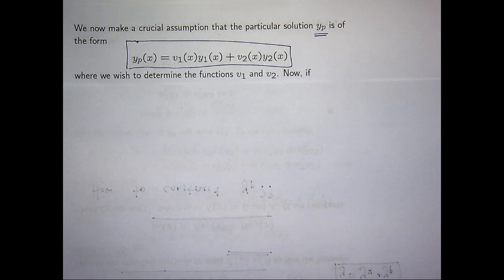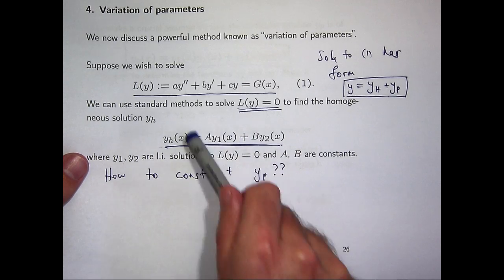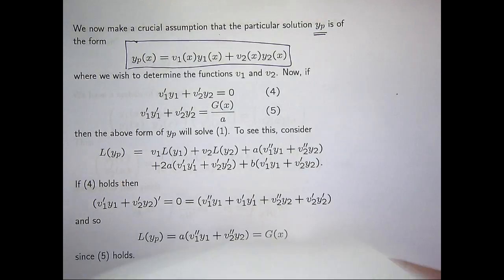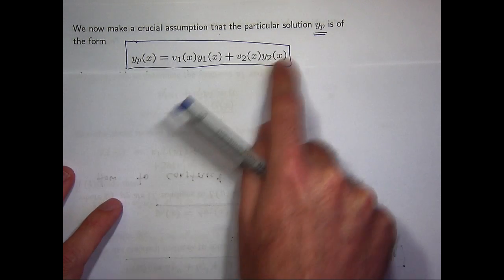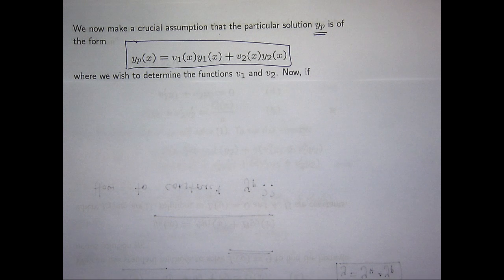Now, notice what we're essentially doing here. y1 and y2 are just from the solution to the homogeneous problem. So essentially what this does is it assumes that you can build y sub p from y sub h, the homogeneous solution.